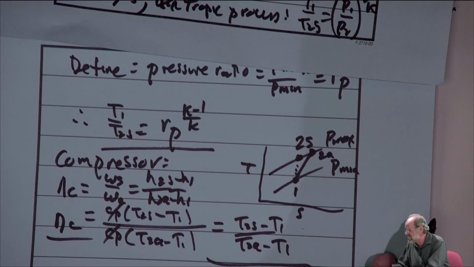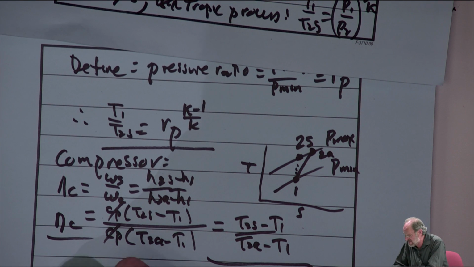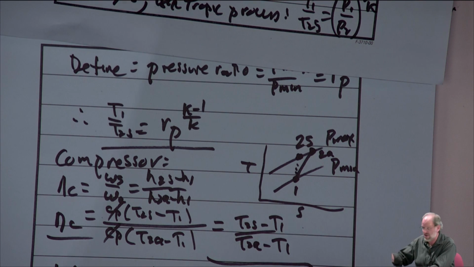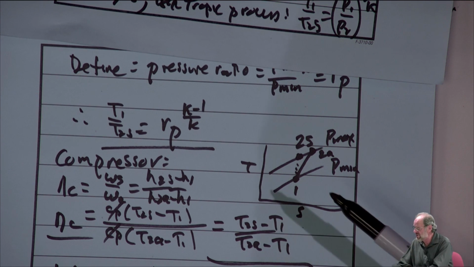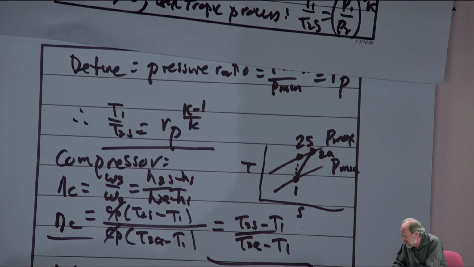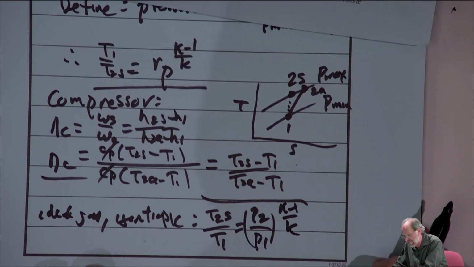We are still specifically dealing with ideal gases, and if we have an isentropic process, then we still have the same relationship as we had above. Now, I am going to flip it, however. I will note that since P2 is the maximum pressure and P1 is the minimum pressure, I'm going to write this now as T2S over T1 equals P2 over P1 raised to the K minus 1 over K power.